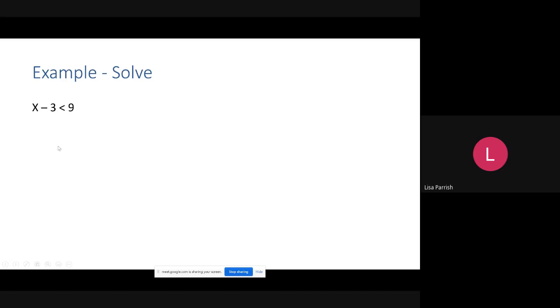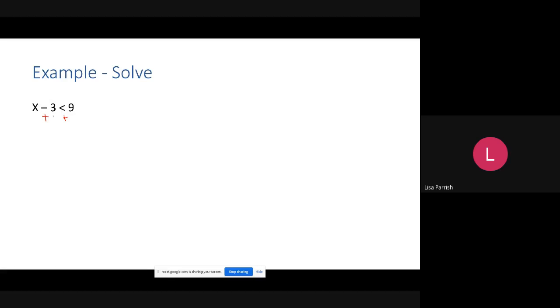Okay, let's try another one. Write this problem down. x minus 3 is less than 9. So this would be subtraction. Again, we're going to solve it just like equations using the inverse operation. What's the opposite of subtraction? It is addition.